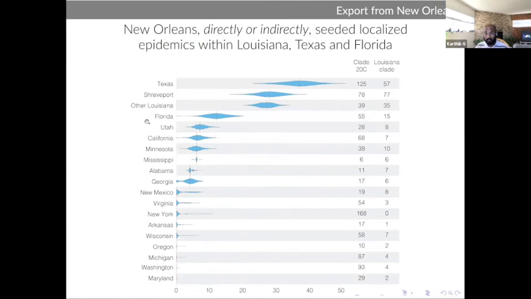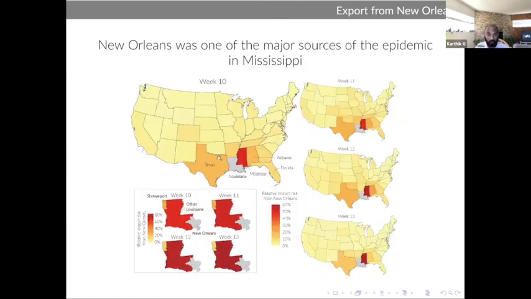When we look at travel risk, it tells a similar story. Here I'm showing you the risk of importing the virus from New Orleans into all the different states. You see that for most states, the risk is actually well below 40%. The one state that stands out is Mississippi, where there's almost a 60% risk of importing the virus from New Orleans, showing that New Orleans is probably one of the major sources of the epidemic in Mississippi.